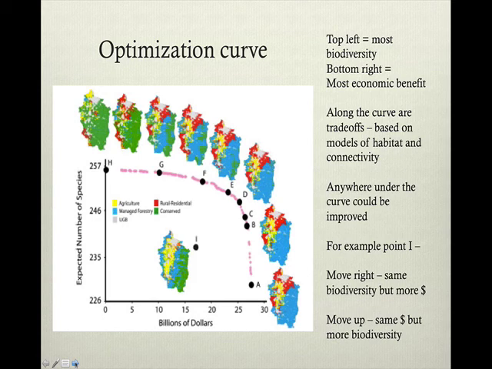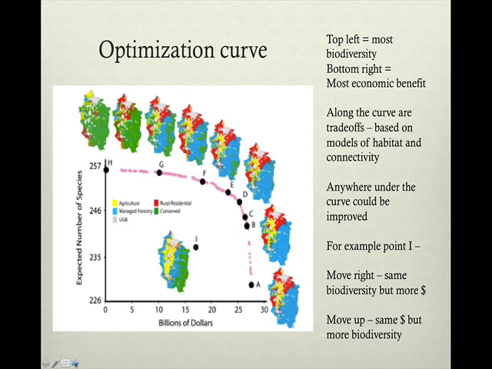But anywhere under the curve could be improved. So for example, the point in the middle is as close to the land use pattern we have now in the Willamette Valley. If you moved it to the right, you'd get the same amount of species, but more development dollars. And if you moved it up, you'd have the same amount of development dollars, but much more biodiversity.